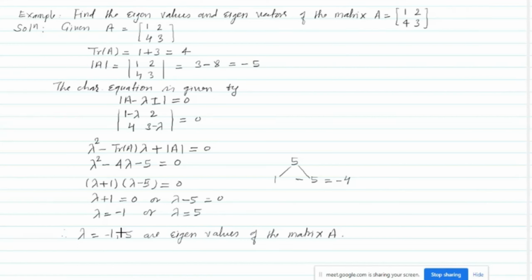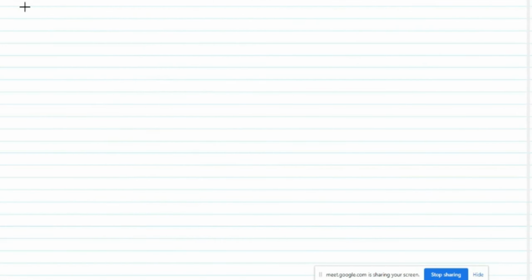So by using the eigenvalues of the matrix, we will determine the eigenvectors of the matrix. Okay, so let us find the eigenvector. For this, we will move to the next page. Okay, now case number 1.